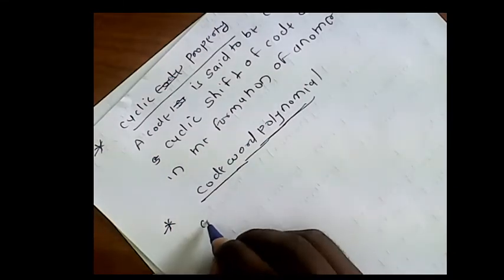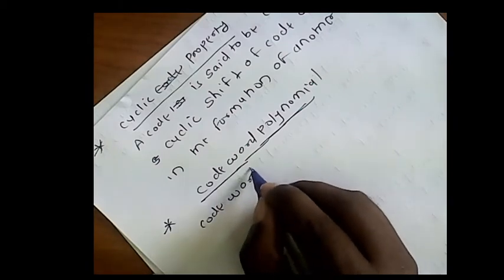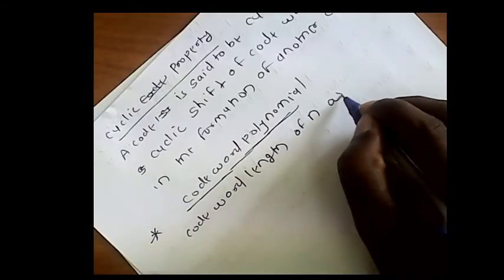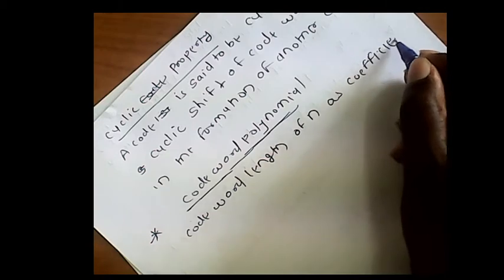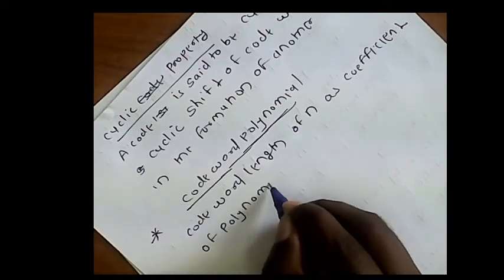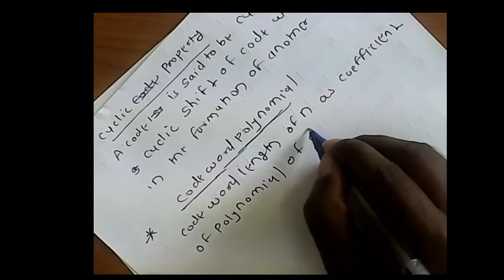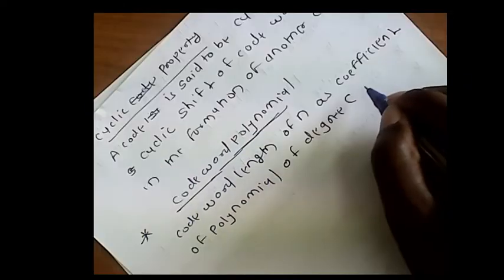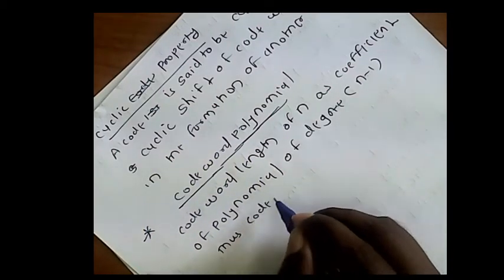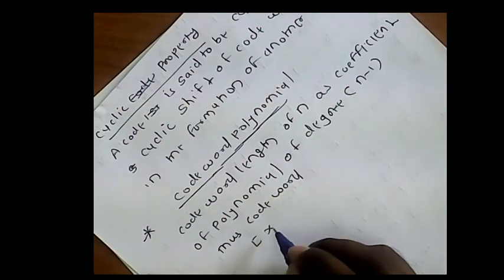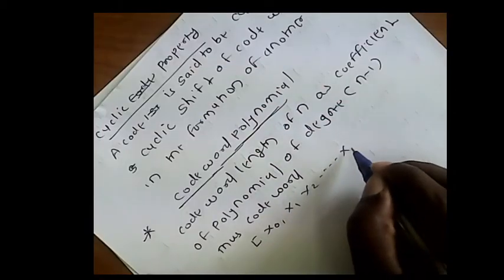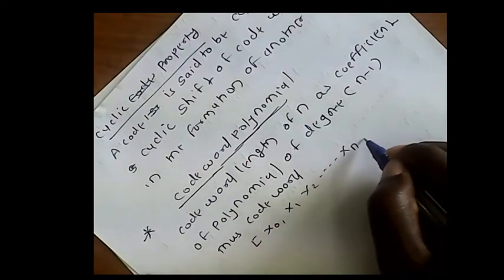So having the code word length of n as the coefficients of a polynomial of degree n minus 1 for the code word, that is, a code word has coefficients x0, x1, x2 up to xn minus 1.